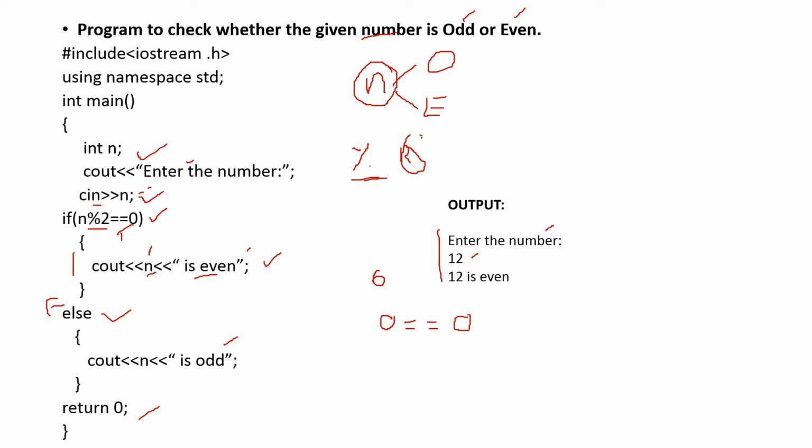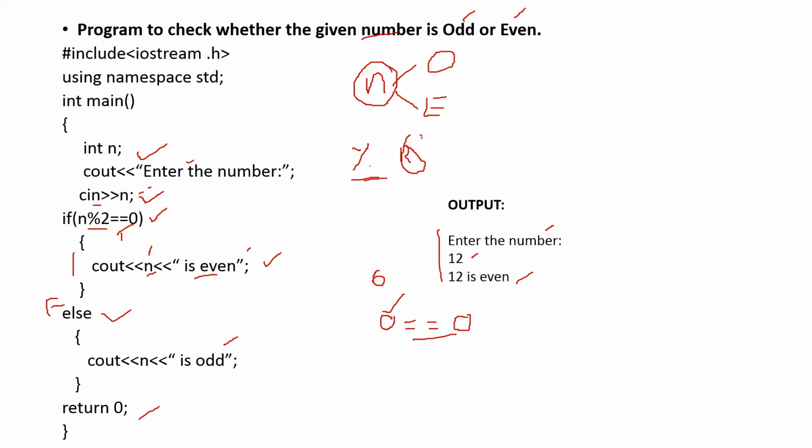Here the remainder we got is 0. So equality is being checked, and they come to be equal. So naturally it will print 12 is even. So this is the way how a number can be checked for even and odd.